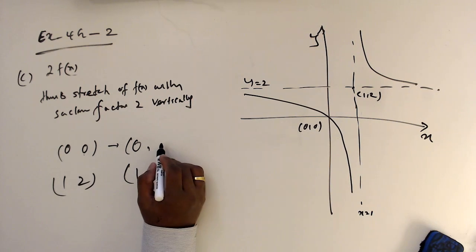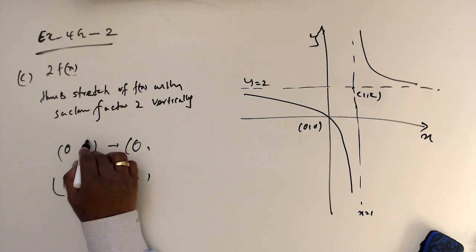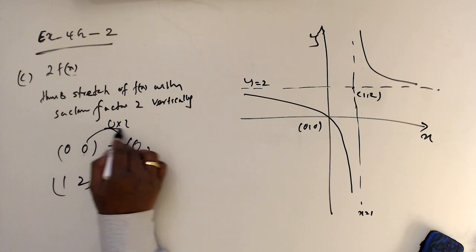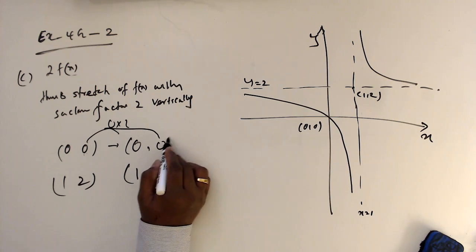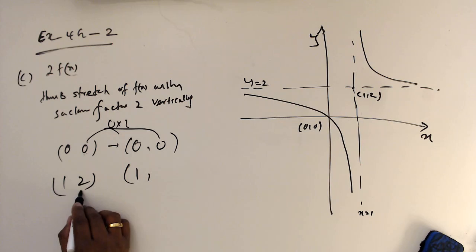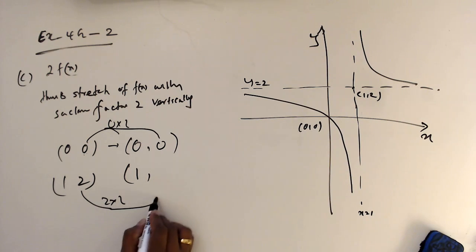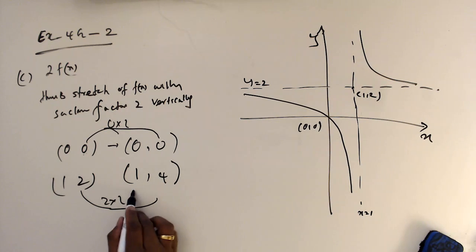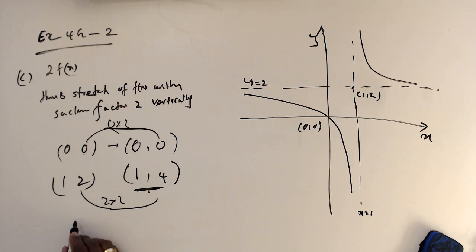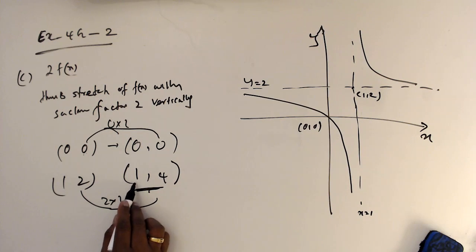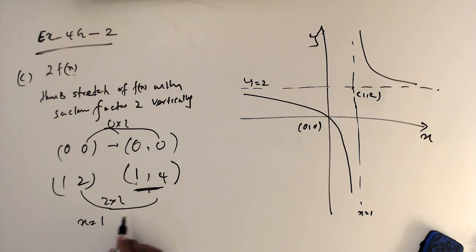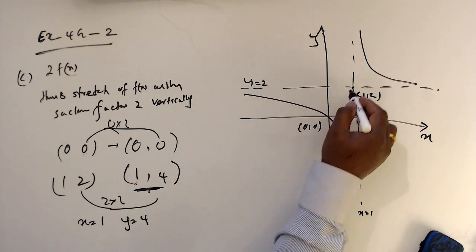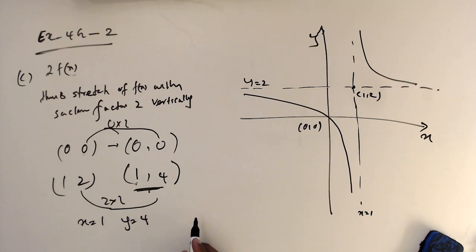0 times 2 is 0. Now this one, 2 times 2 is 4. Now what is the new asymptote? x equal 1 is going to be the same, x equal 1 and y equal 4.